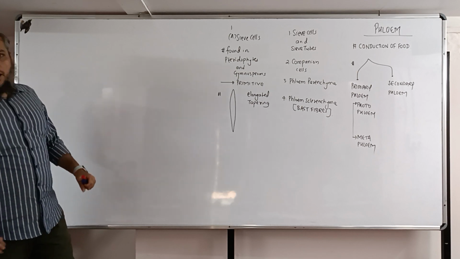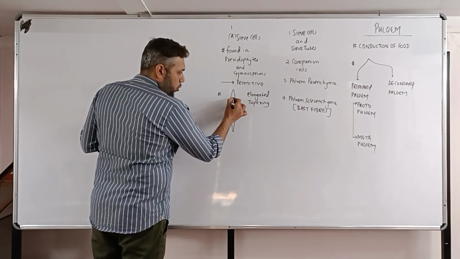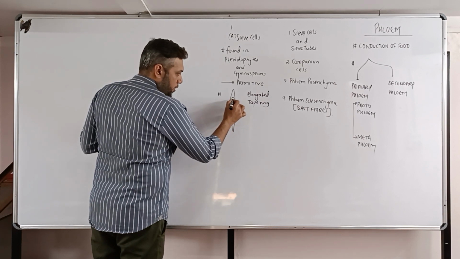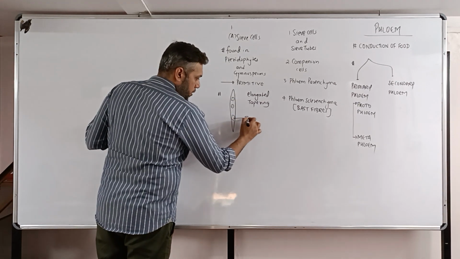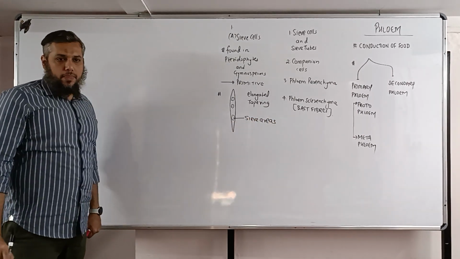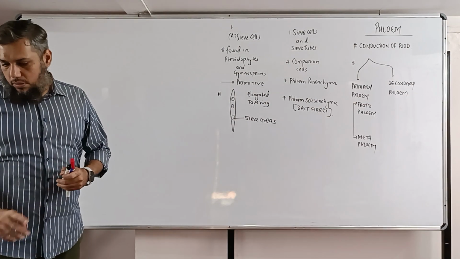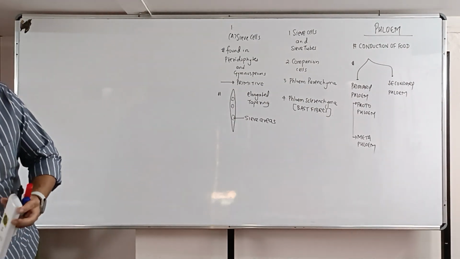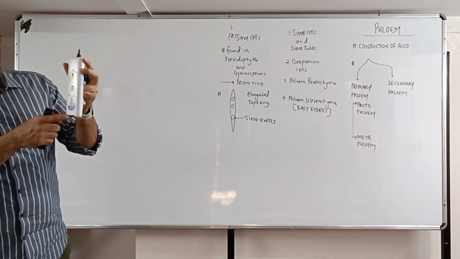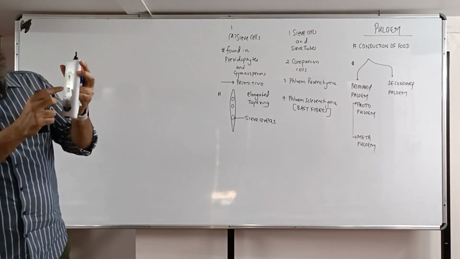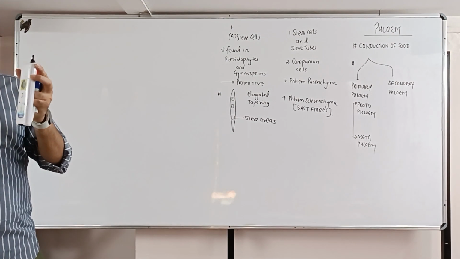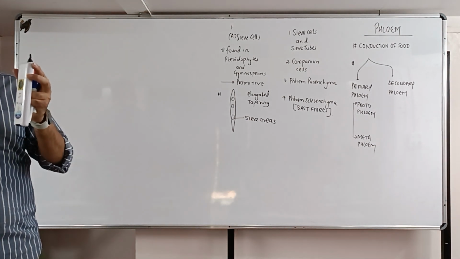Okay, and it shows the presence of areas called sieve areas on their lateral walls. So if this is one sieve cell, on its lateral wall it will have an area which is called a sieve area. The English word for sieve is strainer.